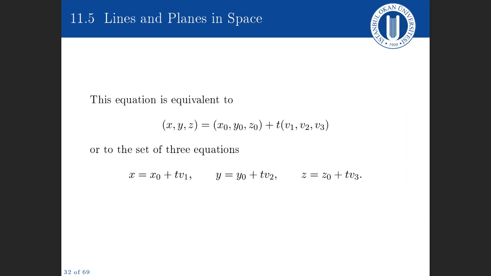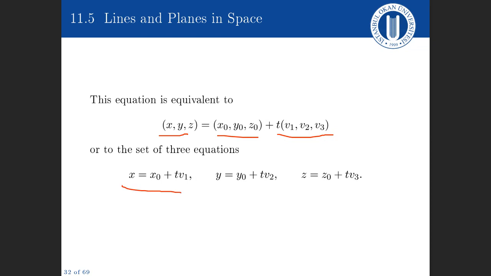Or in terms of coordinates, that's the same as saying a point x, y, z on the line must be equal to the point x0, y0, z0, which we know is on the line, plus a multiple of the vector which is parallel to the line, plus t(v1, v2, v3).